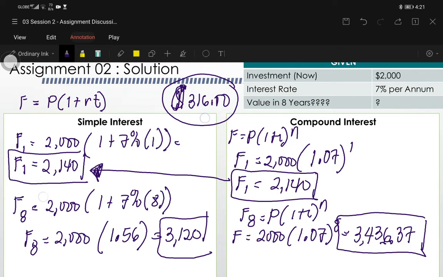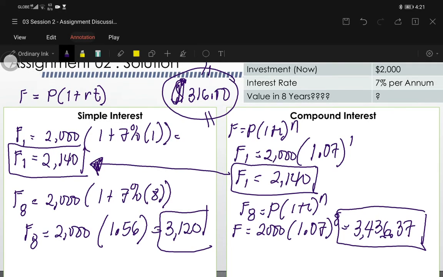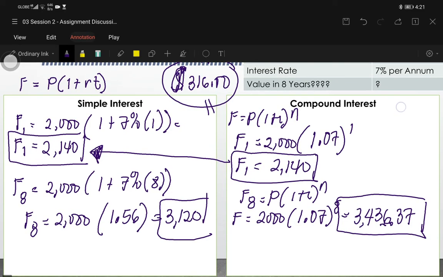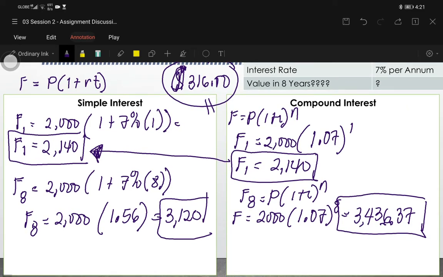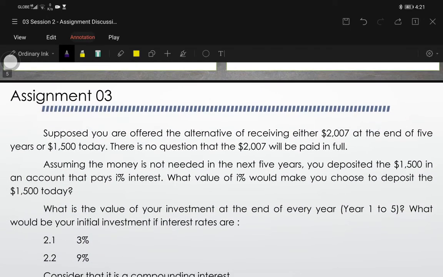Okay? So with that, you can see through the discussion on the PowerPoint for this assignment the graphical representation of each of the computations. So let's proceed to our assignment number 3.